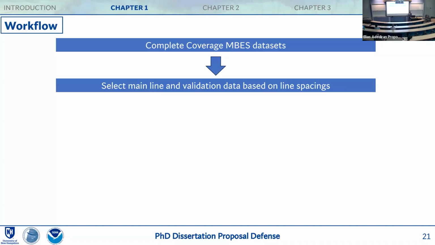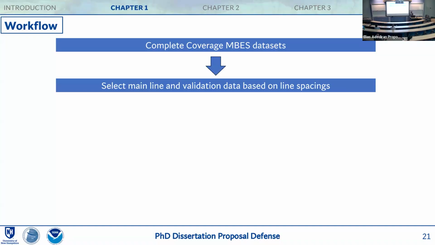So now, how do we put all of this together? I've described the methods that we are using and the testbeds, so how are we selecting the best method? What I want to do here is use all of these things that we've developed. The idea is we take a complete coverage multibeam echo sounder data set that I just showed you, and we simulate a set line spacing from that.